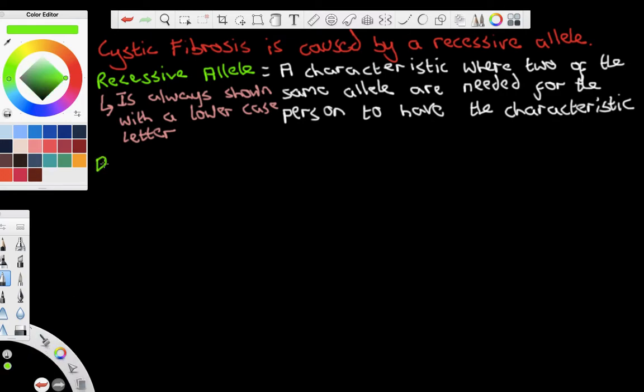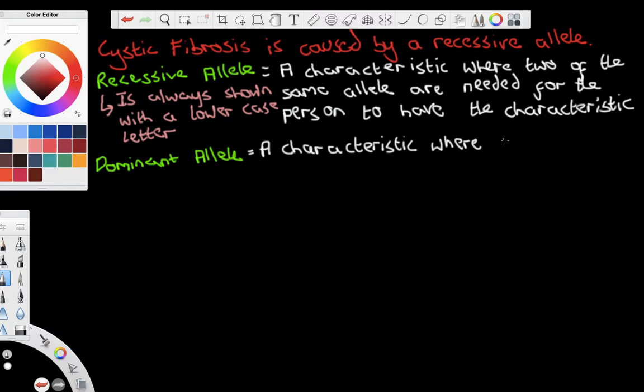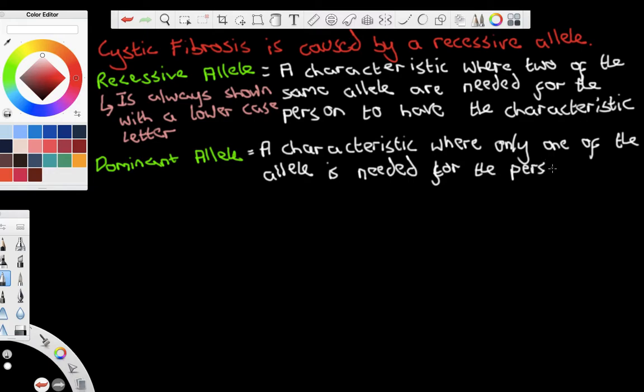So a dominant allele is defined as a characteristic where only one of the allele is needed for the person to have the characteristic.